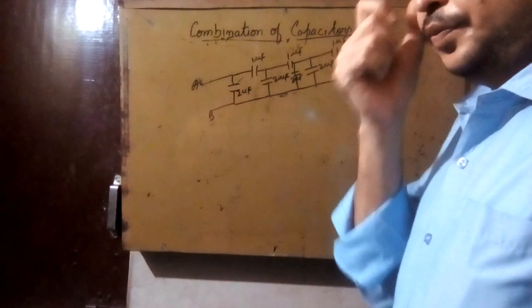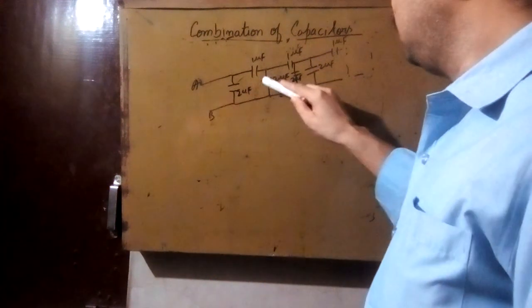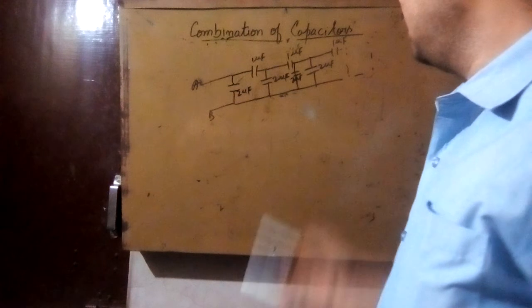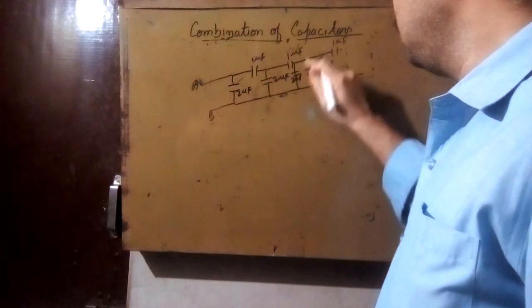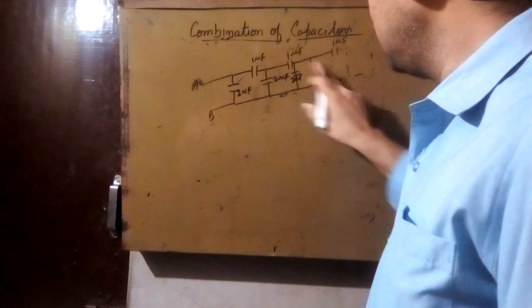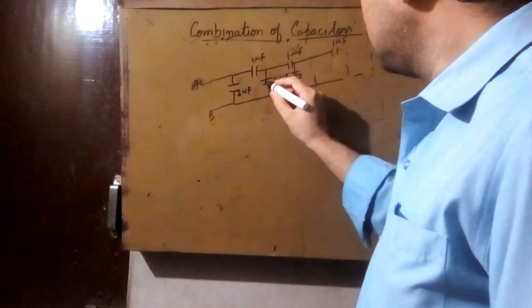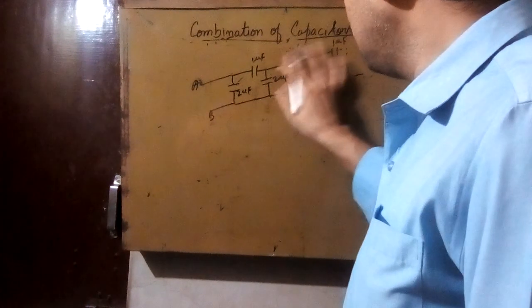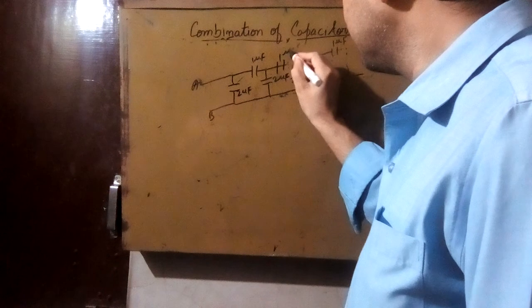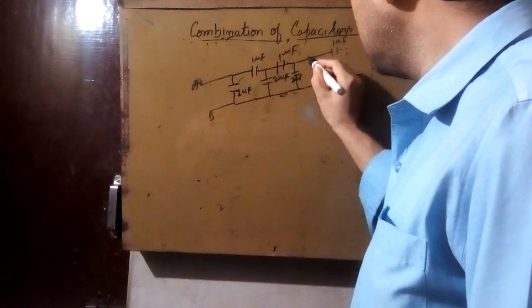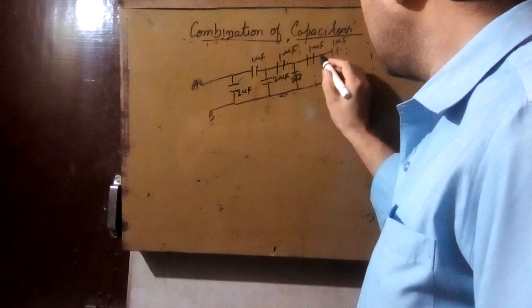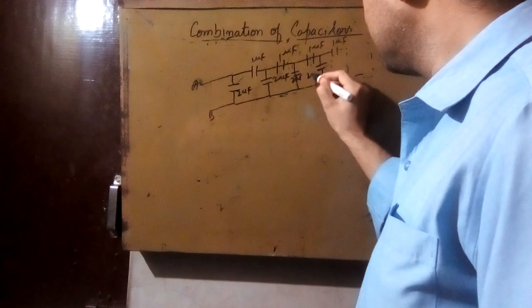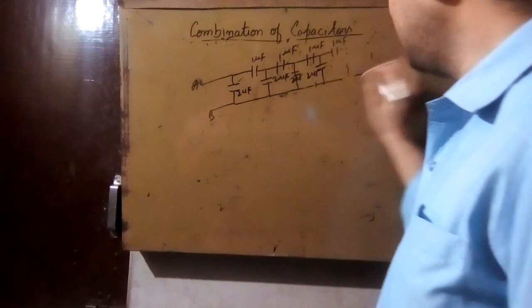You see, 2, 1, 2, 1, 2, 1, let the equivalent capacitance from here be, 2, 1, 2, 1, and so on.